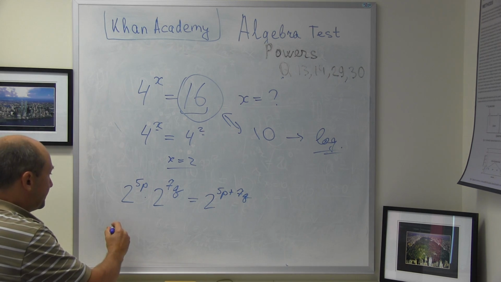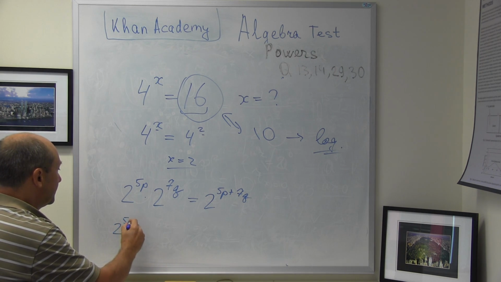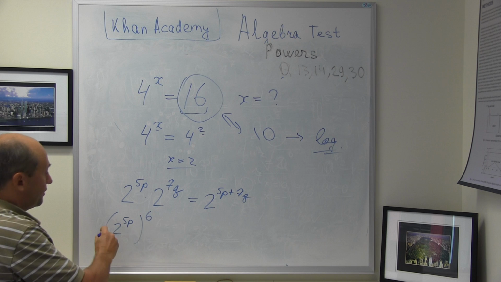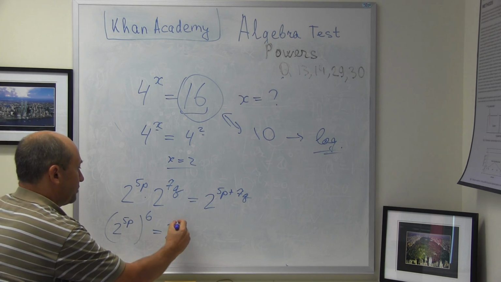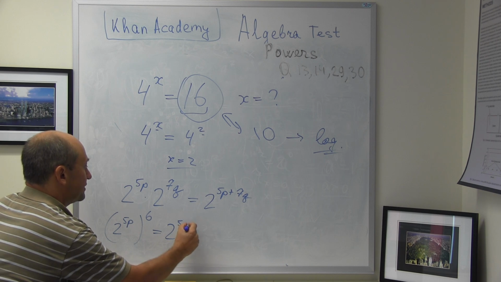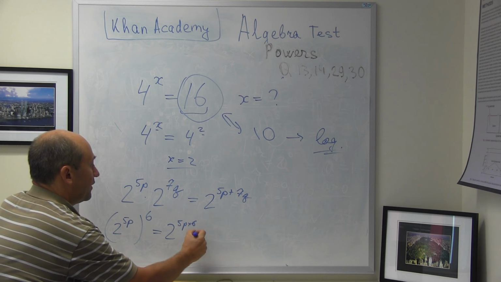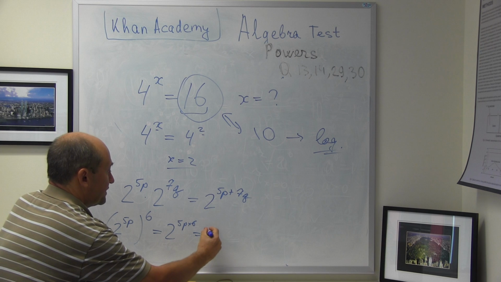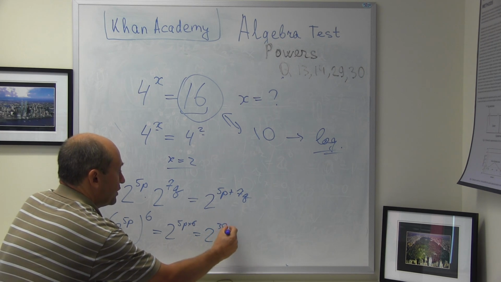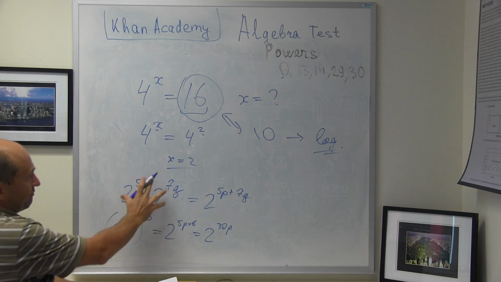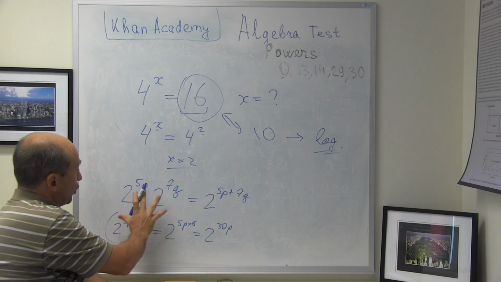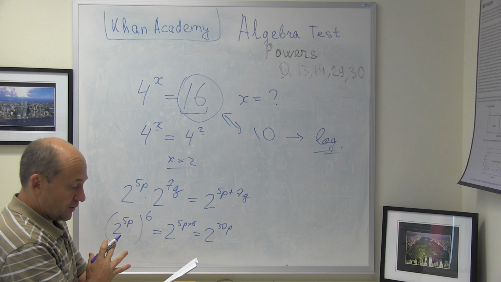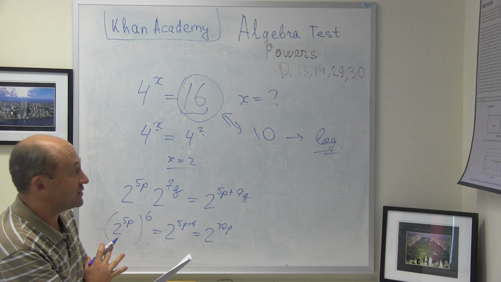If we modify this question a little bit, I'll just put this all to the power of 6, then it will be 2 to the power of 5p times 6. 5 times 6, 30. So we'll have something like that. Equally likely question for question 30 in the algebra quiz.